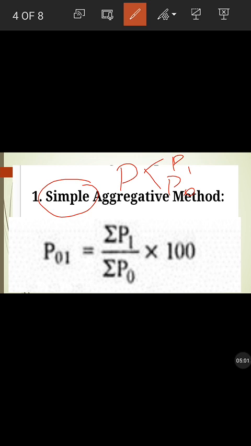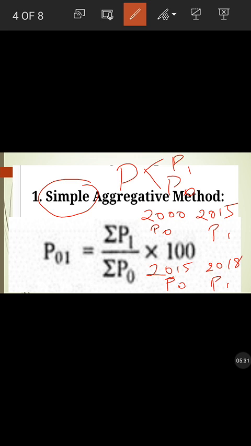For example, if the prices of two years are given, for example 2000 and 2015, here this is P0 and this is P1.